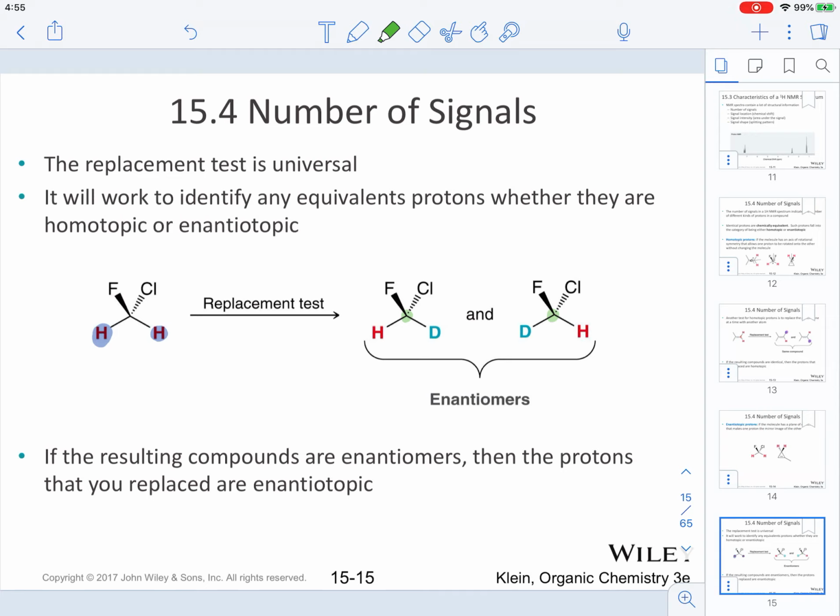There's not a chemical reaction replacing anything in the molecule. When we look at the 2 molecules, we have created a new chiral center, and then the molecule on the left compared to the molecule on the right are mirror images of each other that are non-superimposable, so they are enantiomers of each other. So that's how we know if we have enantiotopic protons.